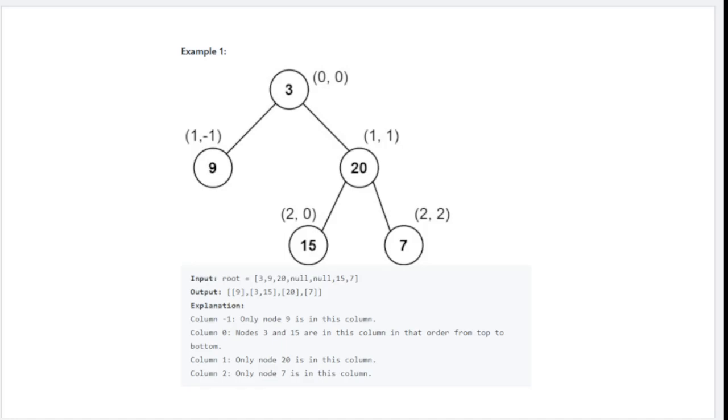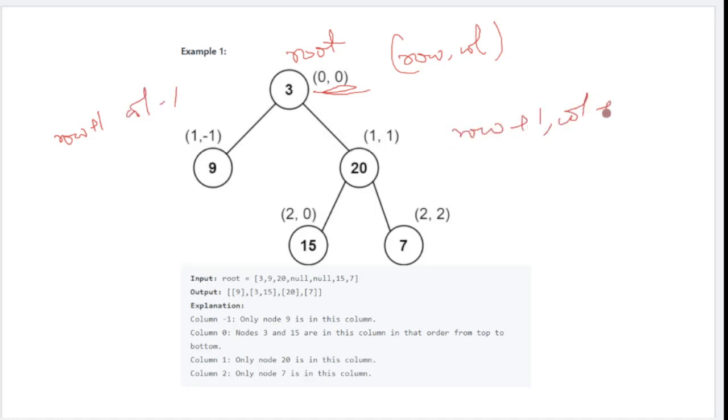You have been given a binary tree here. Initially it said that your root should be 0, 0. This is your row, this is your column. As said, your left will be row plus 1, column minus 1, and right will be row plus 1, column plus 1.